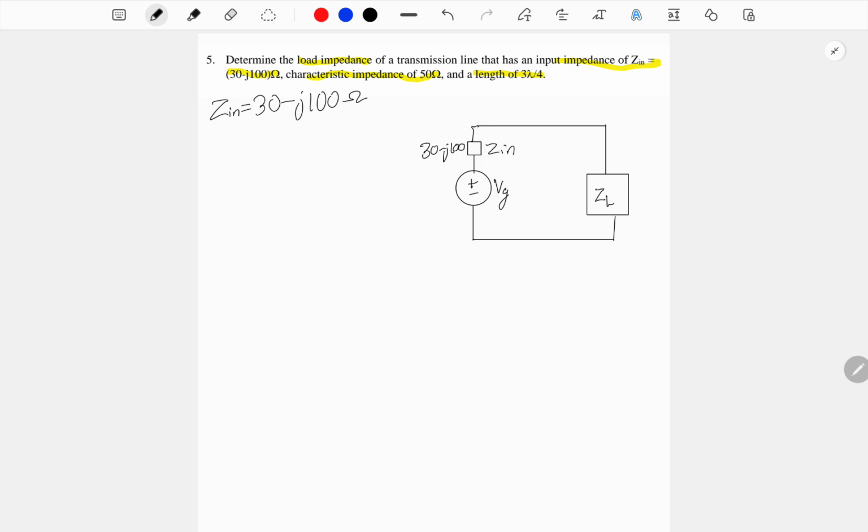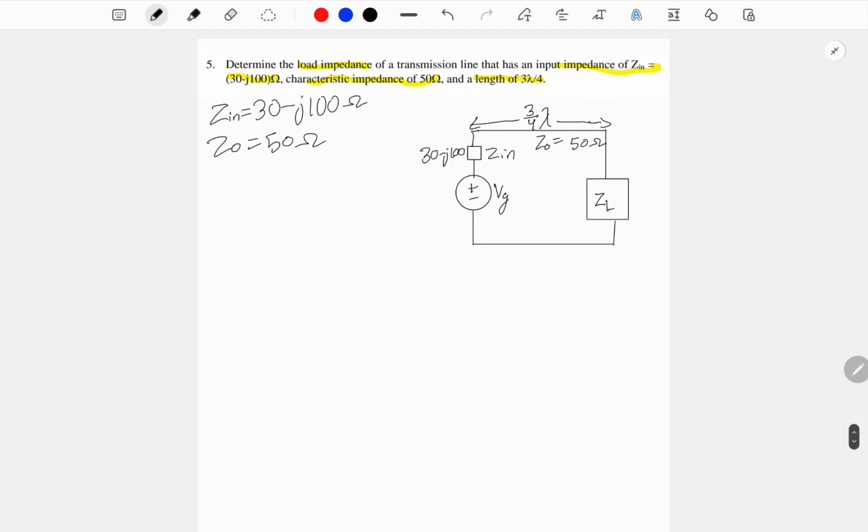The characteristic impedance is going to be 50 ohms, and then the length of the line is going to be 3/4 lambda.